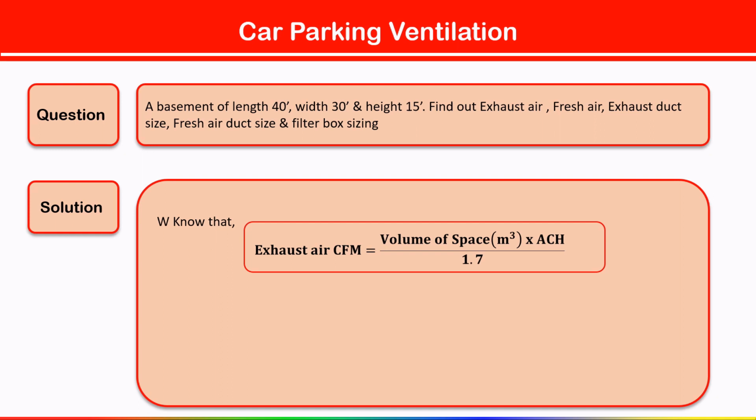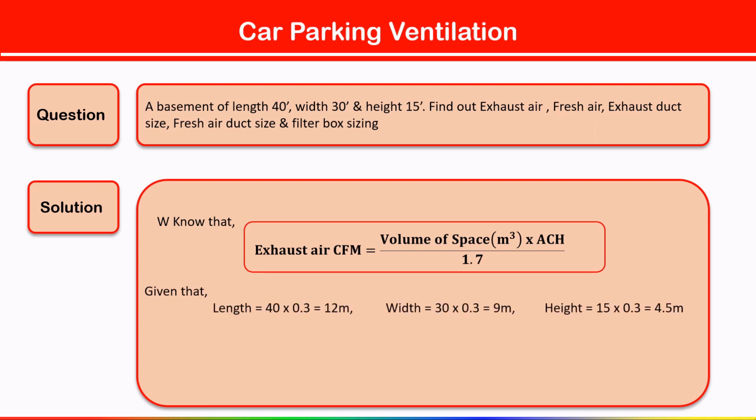First of all we need the volume of space. In the question the basement length, width and height are given in feet. So first we have to convert feet into meter, then only can you put that value in the volume of space.